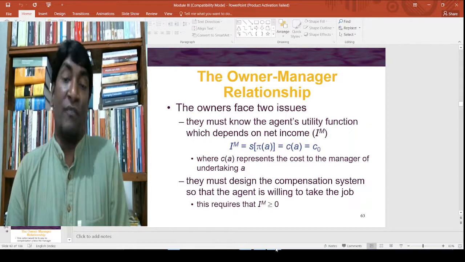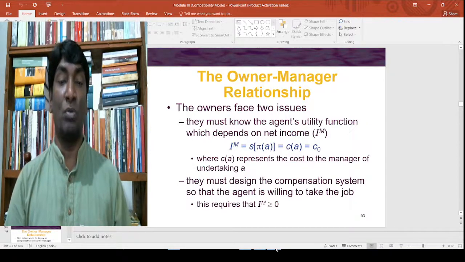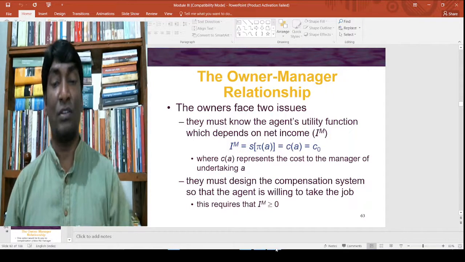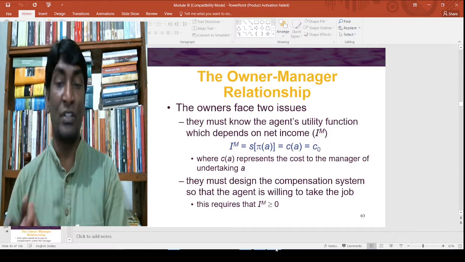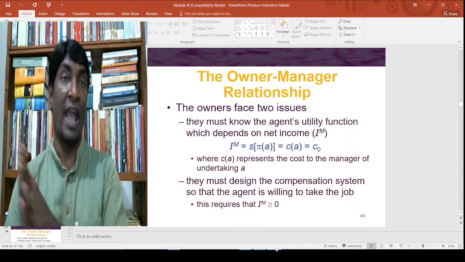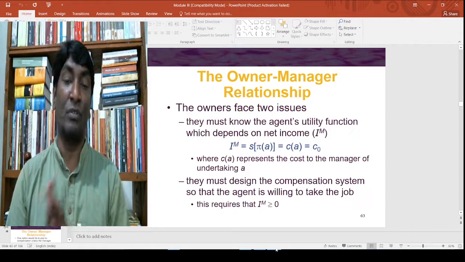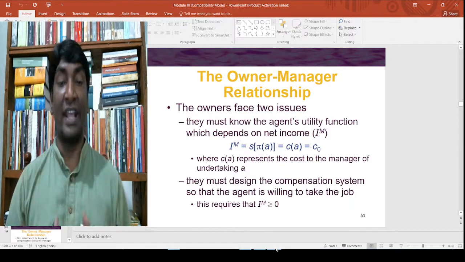So the owner faces two issues. They must know the agent's utility function, which depends on the net income, that is IM, which is equal to S(pi(A)) minus C(A), minus C0, where C(A) represents the cost to the manager of undertaking A itself.